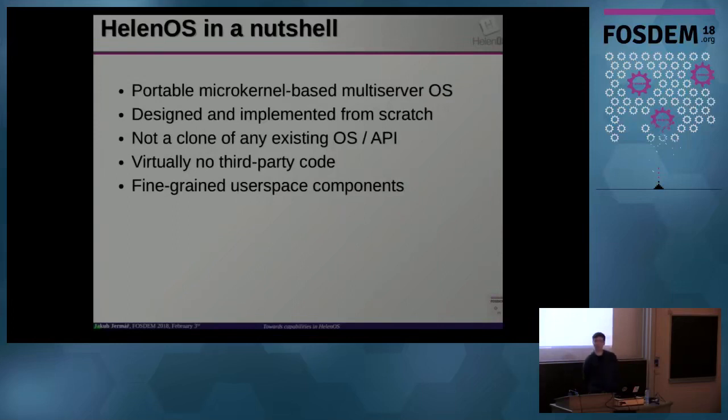And it was designed and implemented from scratch. It was written by us, so it doesn't contain any third-party code. It doesn't clone anything, so it does not look like Linux or Windows. And you wouldn't find someone else's code in it, basically.